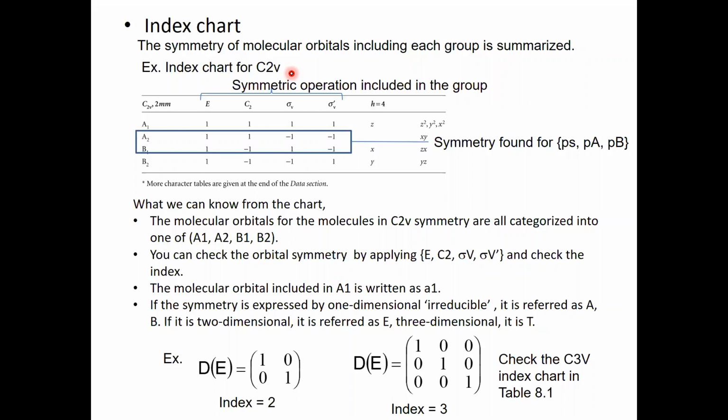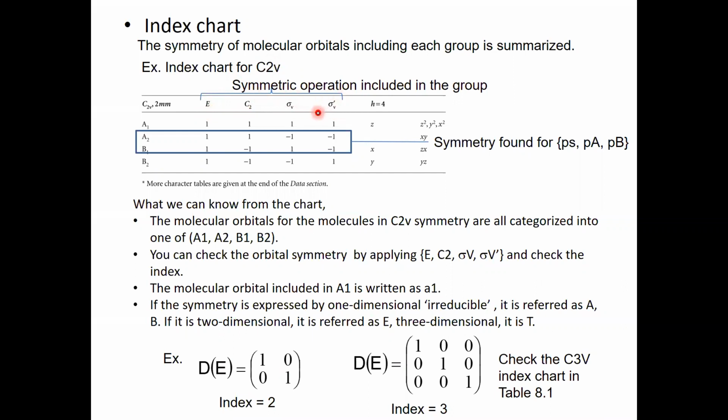Now, first, this row, the first row, includes the symmetry operations for C2V molecules. So to understand the symmetry of this molecule or molecular orbital included in C2V, you have to check the operations E, C2, sigma V and sigma V dash.